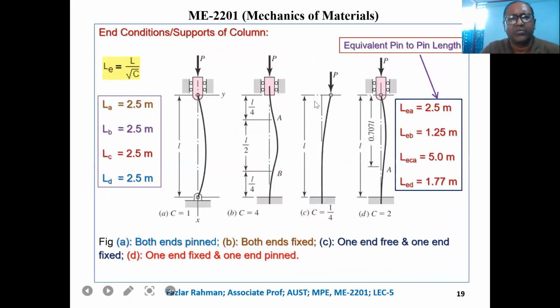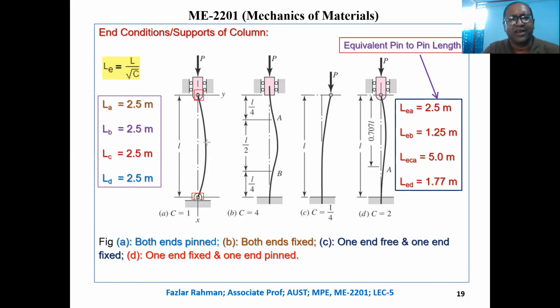So for example, if you look over here at the column and you apply a compressive load, then it is deflected. This end is a pin, this end is a pin. So after we apply load, it is deflected.